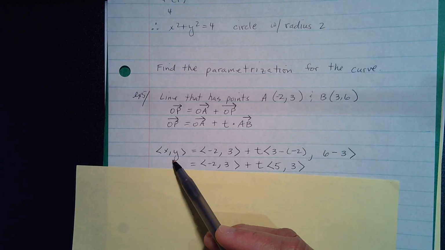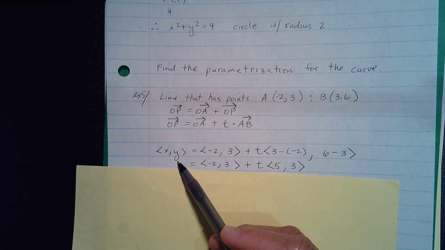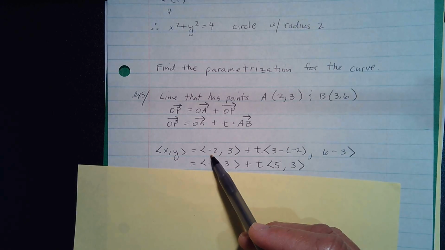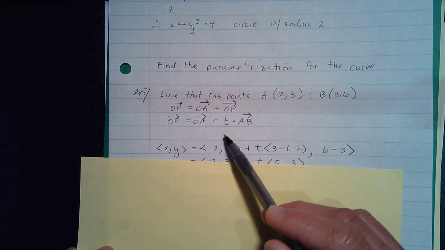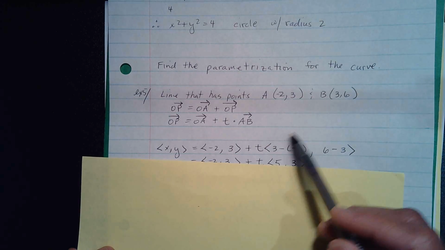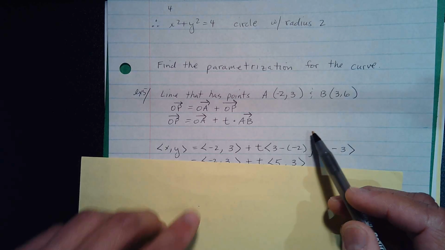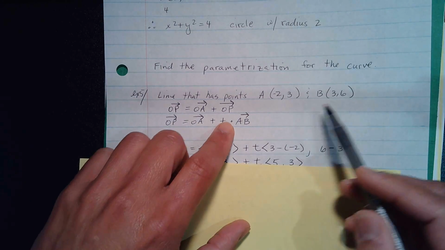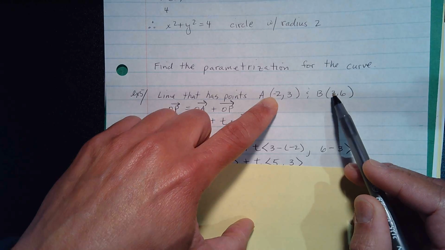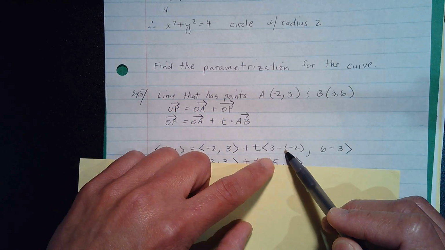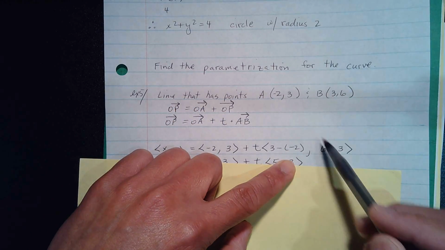And here's the setup. X component XY is equal to, here is A plus T of AB. So remember, vector AB, it's head minus tail from the last lesson. So 3 minus a negative 2, comma 6 minus 3.